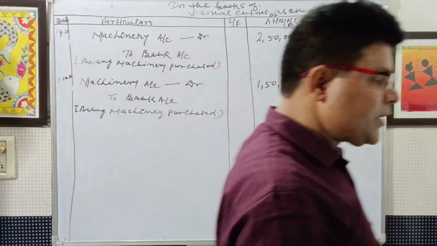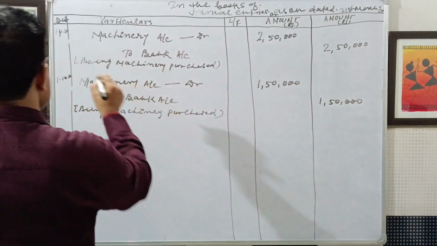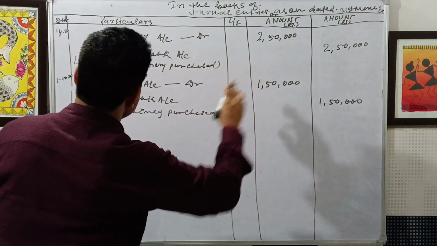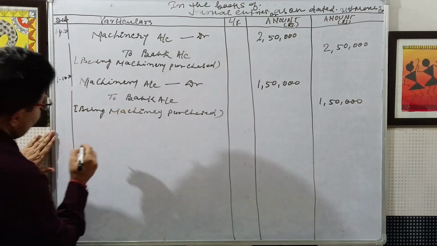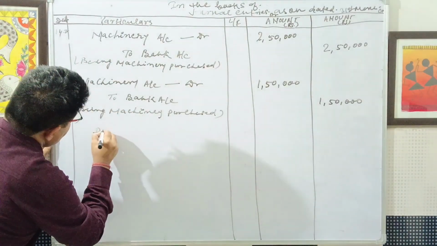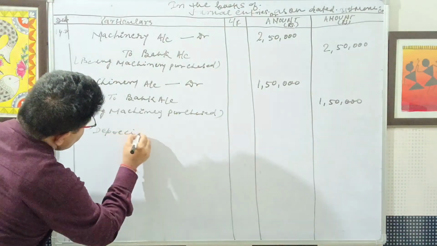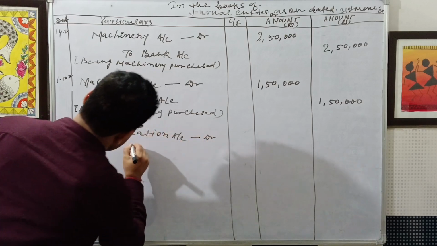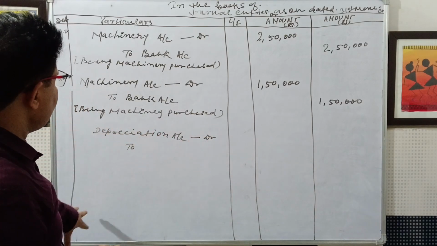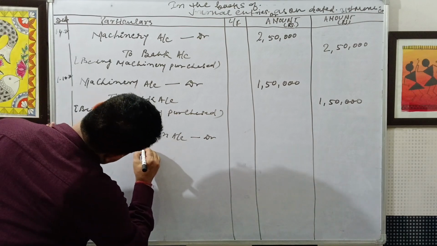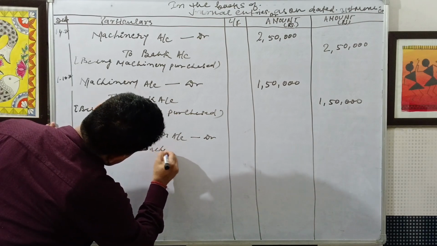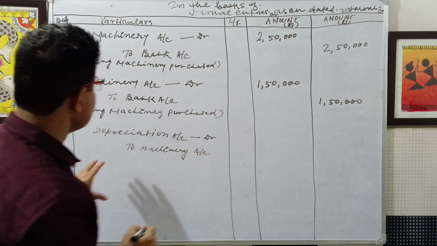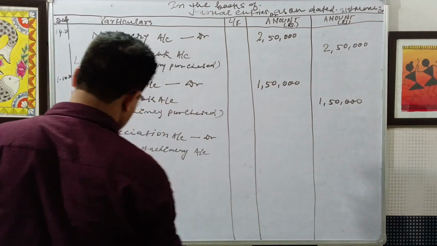Now depreciation is to be provided at 10% per annum. So depreciation on the first machine: write down depreciation account debit to machinery account. How much? Working note.